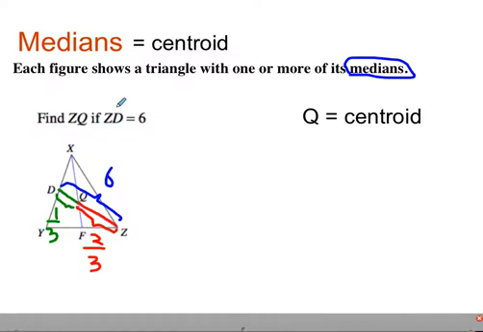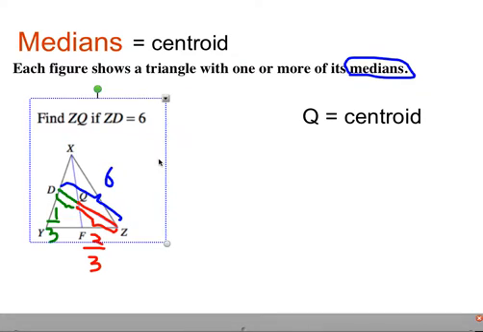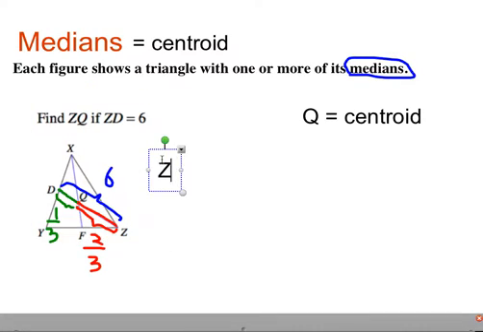Okay, so I'm going to write it down like this. I'm looking for ZQ. ZQ is equal to 2/3 of the whole thing.